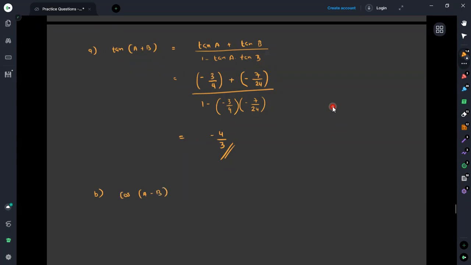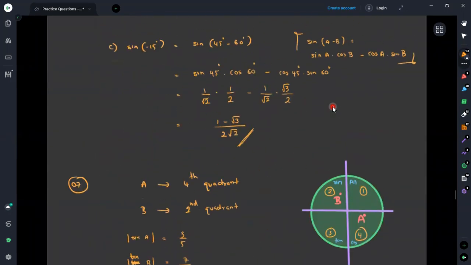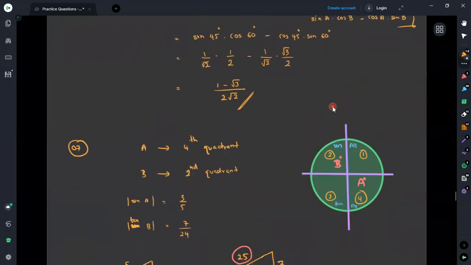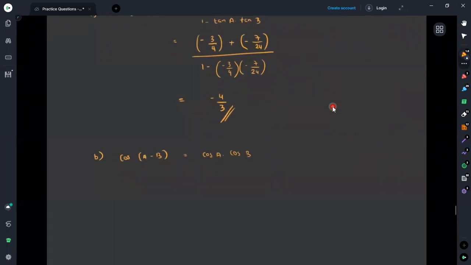If we write down the equation first, cosine(A minus B) is cosine A times cosine B plus sine A times sine B. Now we need to obtain the values.